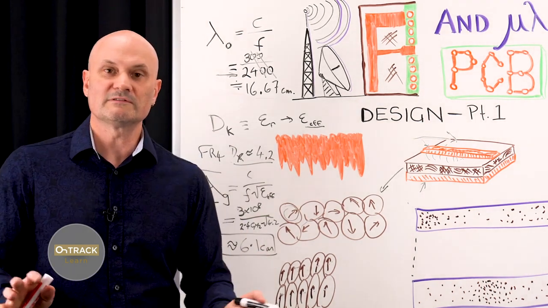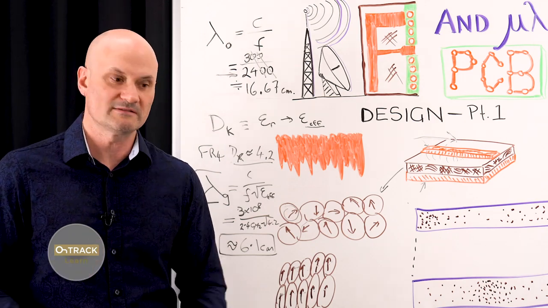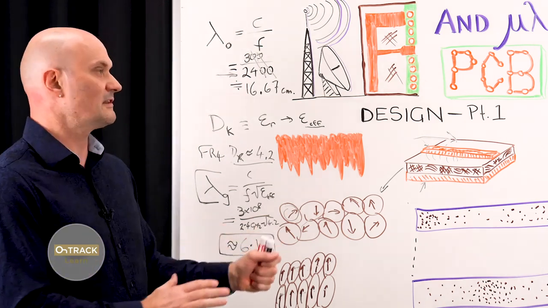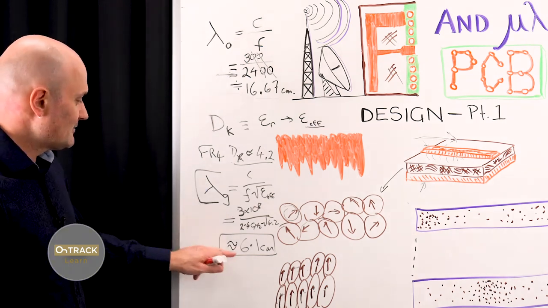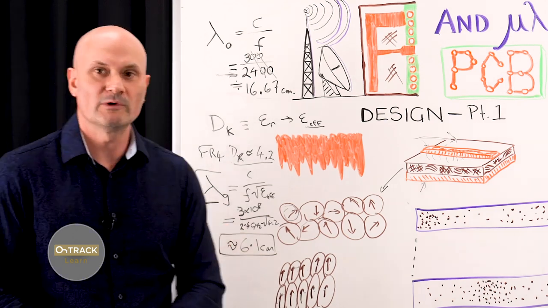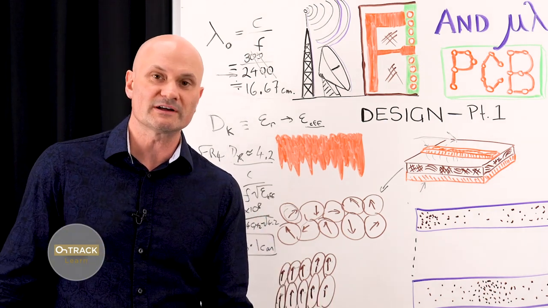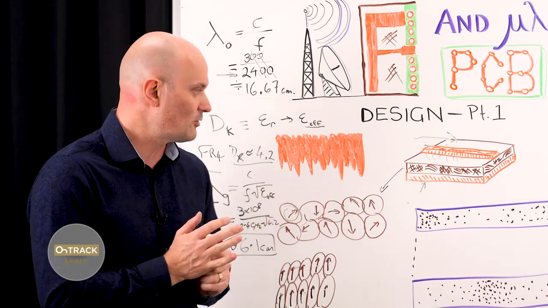Right? So the frequency, number one parameter you need to know when you get started with PCB design at microwave and RF frequencies is obviously what's the frequency you're operating at. That tells you what's one wavelength, and from there we want to derive all our other work based on a wavelength or a fraction of a wavelength, typically a quarter wavelength.